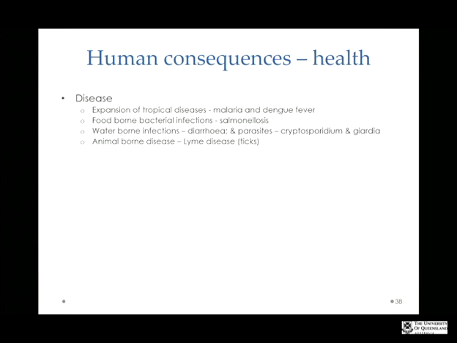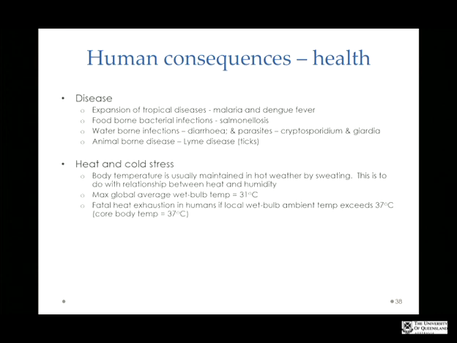You'll have changes again in things like water and foodborne infections, because the conditions suit them better in hot weather and wet weather. You'll also have heat and cold stress, so probably more to do with heat stress than cold stress. But if you remember, our body maintains itself at a certain temperature, and particularly with heat stress, if you can't sweat to cool down, you overheat, and then you become potentially fatally damaged by that.